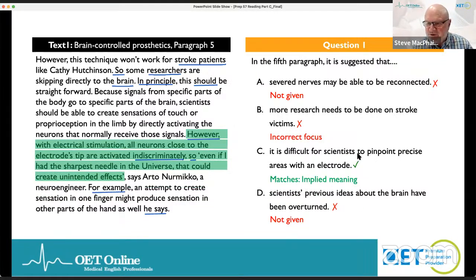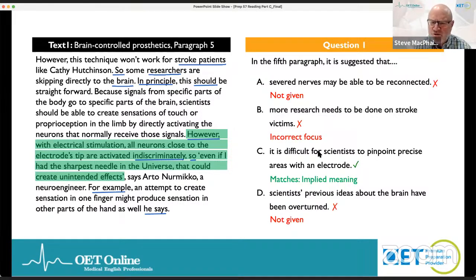C, it's difficult for scientists to pinpoint areas with an electrode, but let's think about that. A lot of people got it by the look of it, but how do we know that matches? Let's look at this sentence, everyone, and it comes after the word however. However, with electrical stimulation, all neurons close to the electrode tips are activated indiscriminately. So even if I had the sharpest needles in the universe, that could have unintended effects.